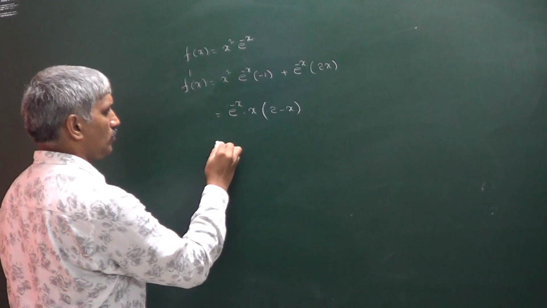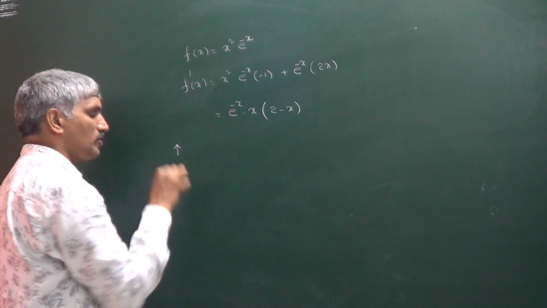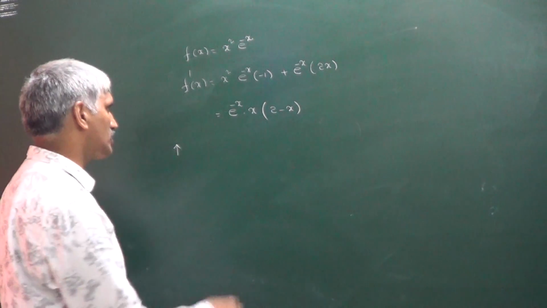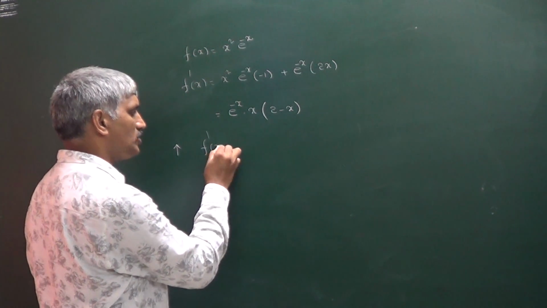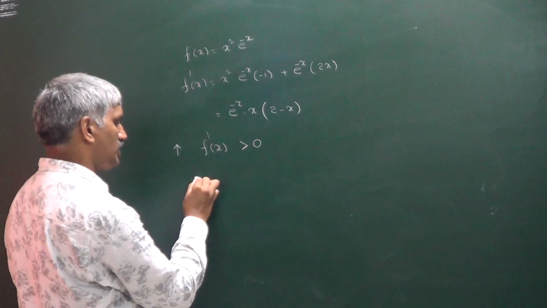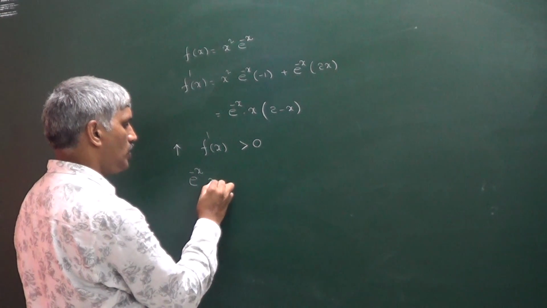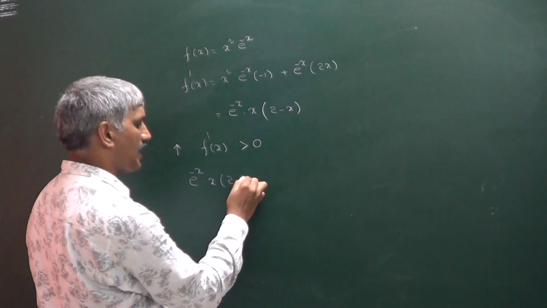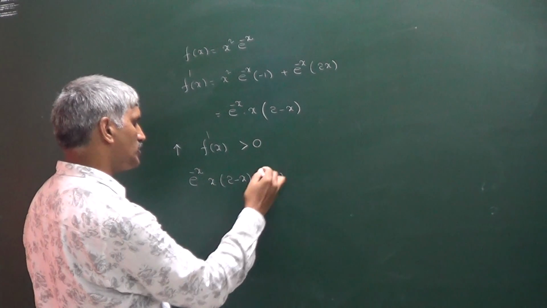Right? So this we can write it as, for the function to be strictly increasing, f dash of x must be greater than 0. F dash of x greater than 0. Therefore we will get e to the power of minus x into x into 2 minus x must be greater than 0.